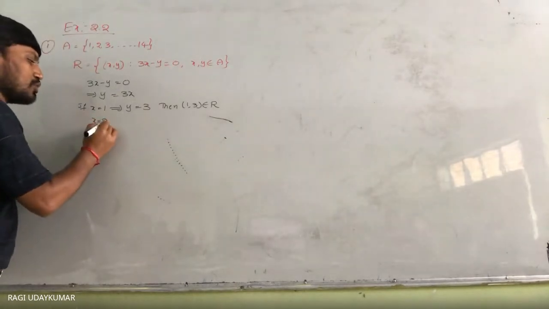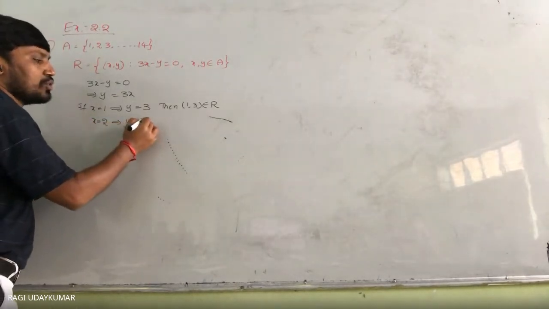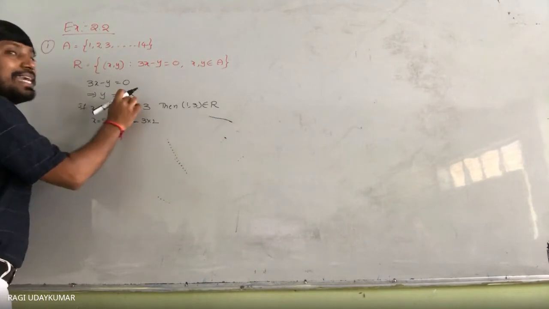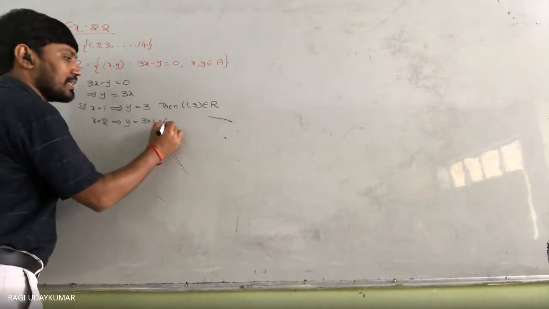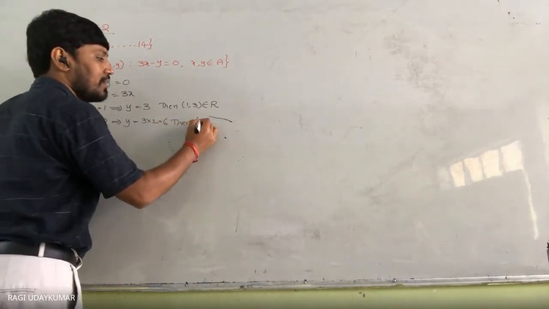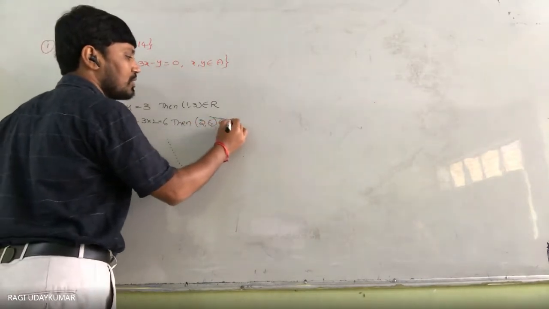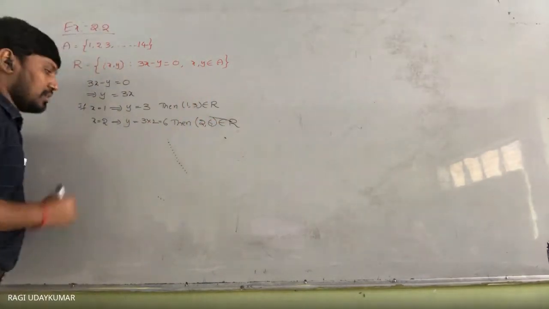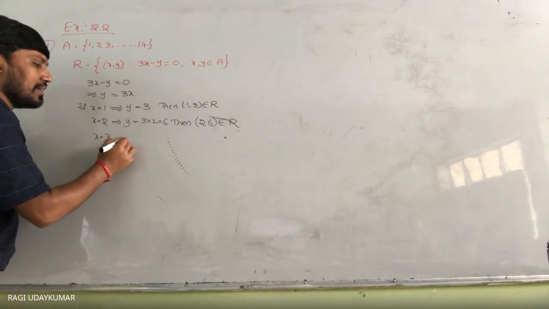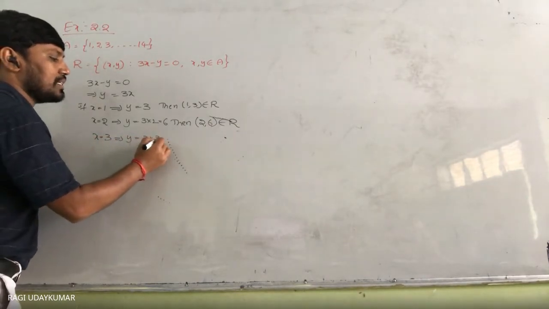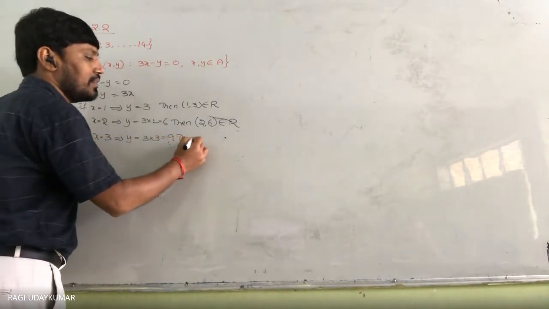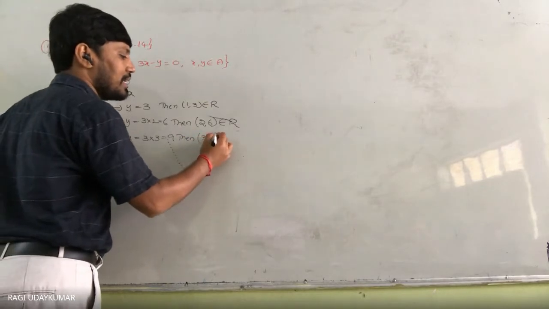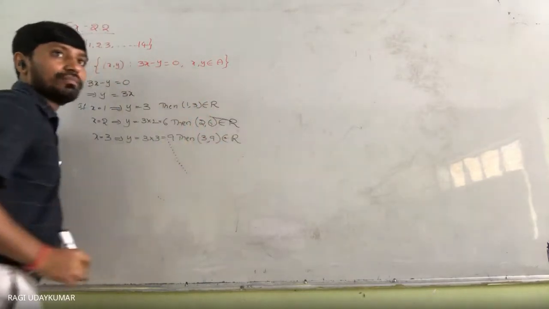If x is equal to 2, y is equal to 3 into 2, because y is 3x, so we get 6. Then (2, 6) belongs to the relation. If x is equal to 3, y is equal to 3 into 3, that is 9. Then (3, 9) belongs to the relation.